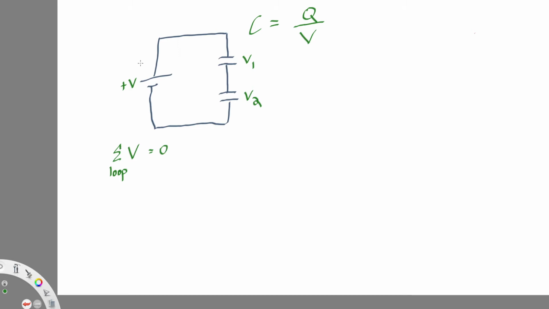If this long line here is the positive part of the battery, then this first capacitor, to balance it, will collect negative charge here, which means the other side of the capacitor will be positive. But to balance that positive charge, this capacitor will have a negative charge here, a positive charge here, and the battery itself has a positive and negative end.